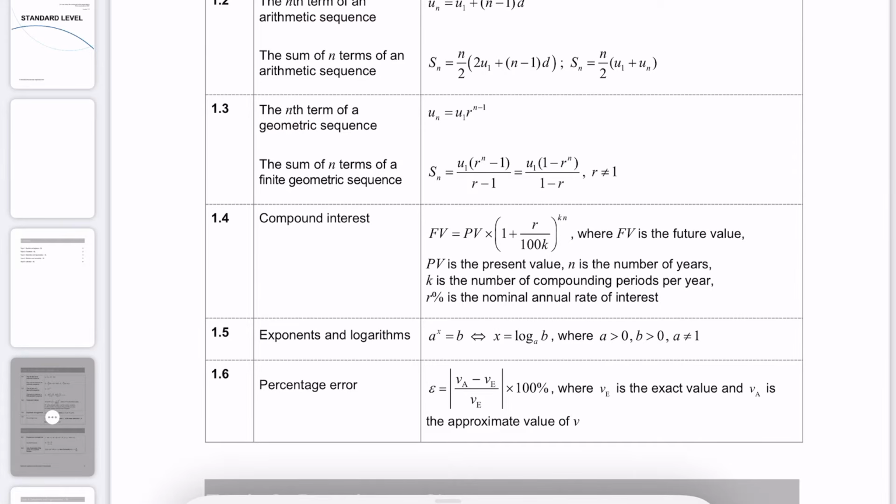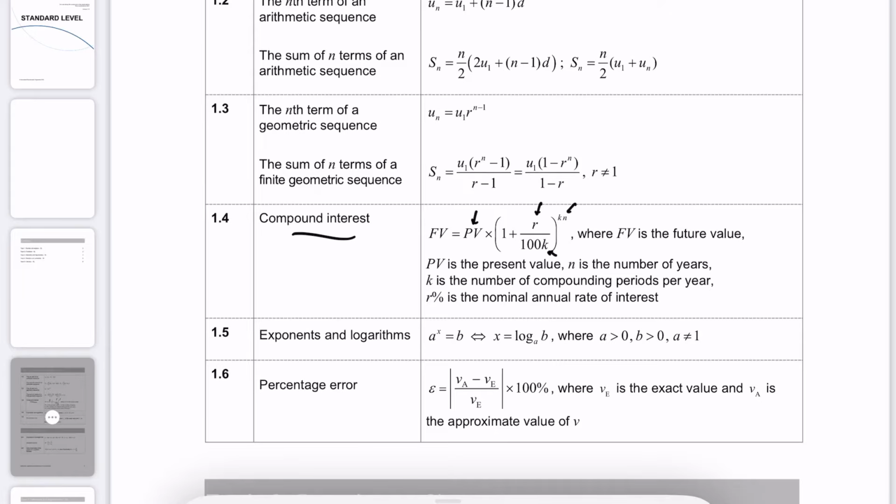Compound interest is PV, present value, times 1 plus r, our interest rate. k is the number of compounding periods per year, so it's like monthly or weekly or biannually. And n is the total number of years. So let's actually use this compound interest formula and then we'll see.